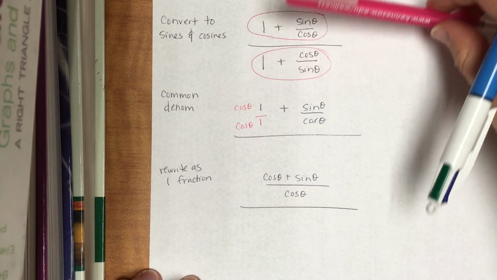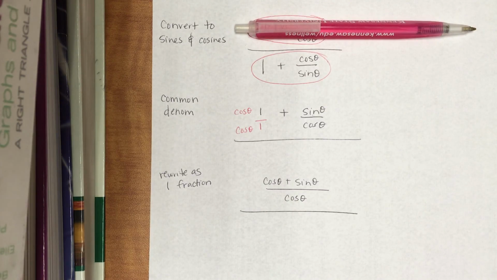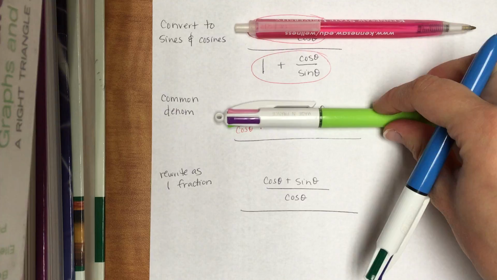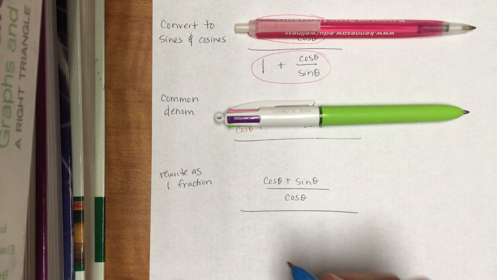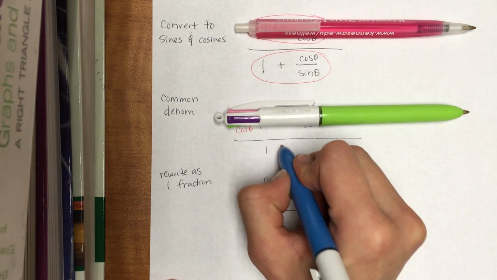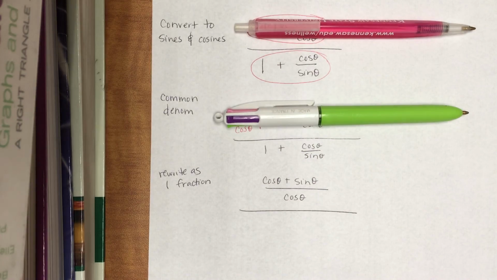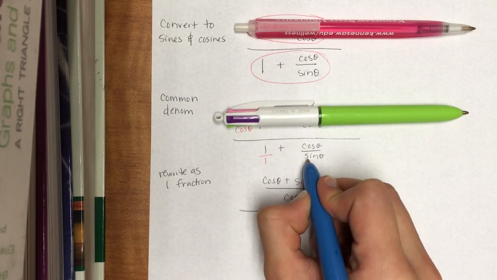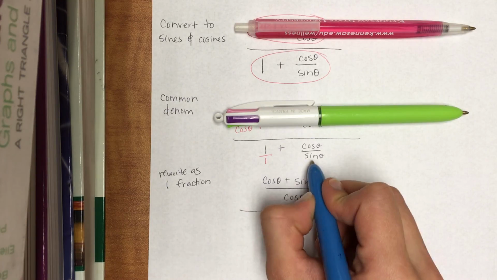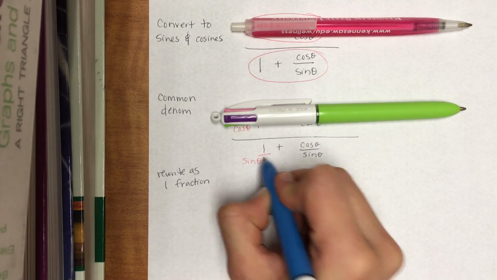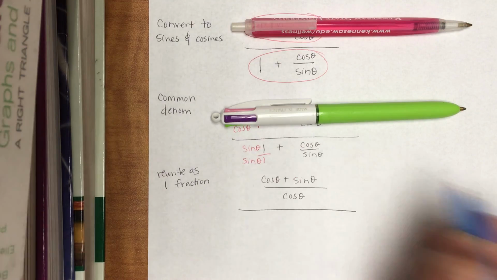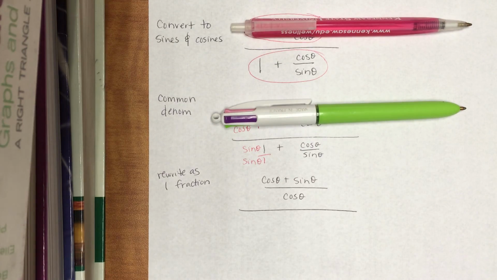All right, now I'm going to do the exact same thing here, ignore all this, with the denominator. So my 1 plus cosine theta over sine theta, I can write this 1 as 1 over 1 and get a common denominator here. I have a sine here, so I need to put a sine theta here, and whatever you put in the bottom, put in the top.